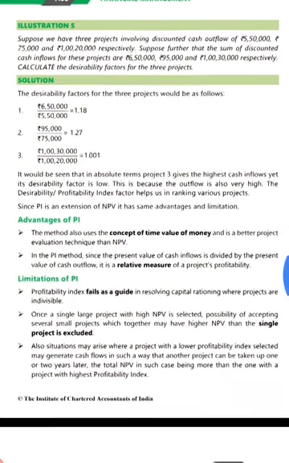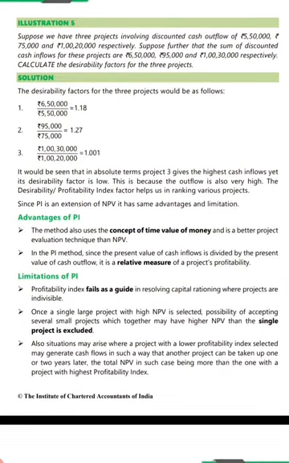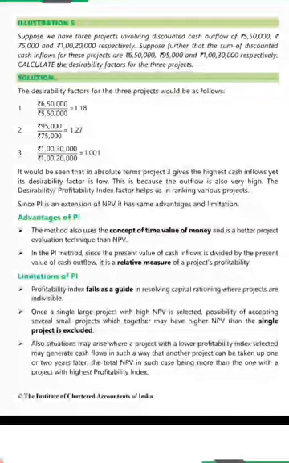Let's take an example problem and solve it. Suppose we have 3 projects, A, B and C, involving discounted cash outflows, that is initial investments, of 5,50,000, 75,000 and 10,20,000 respectively.